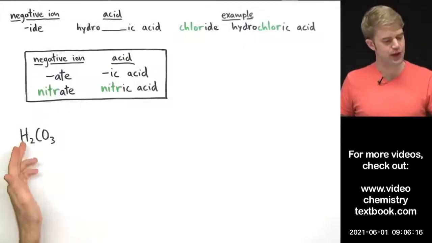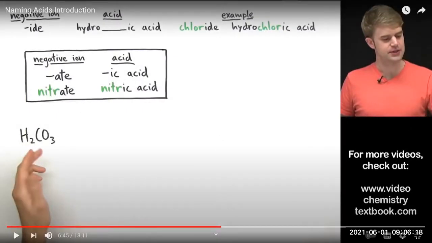Here we have H2CO3. How would you name that compound? CO3. What is the name of that polyatomic ion? Carbonate.